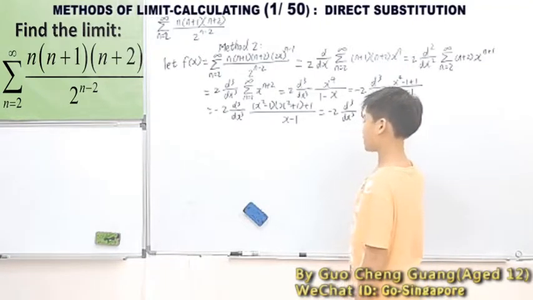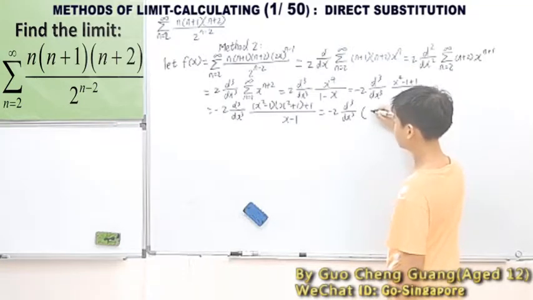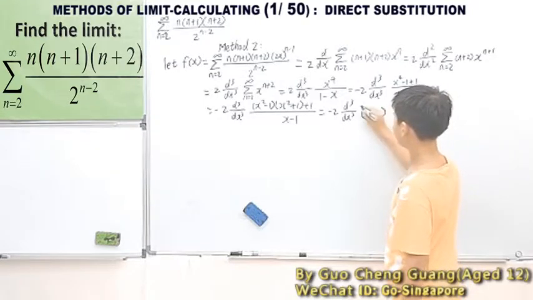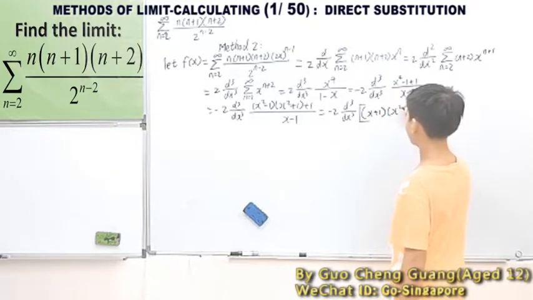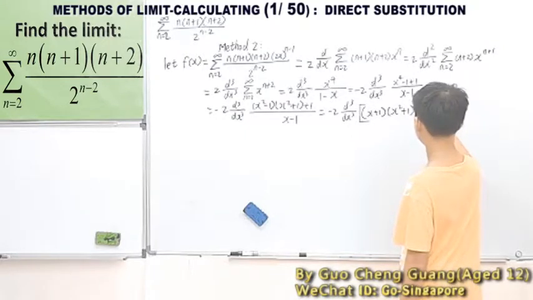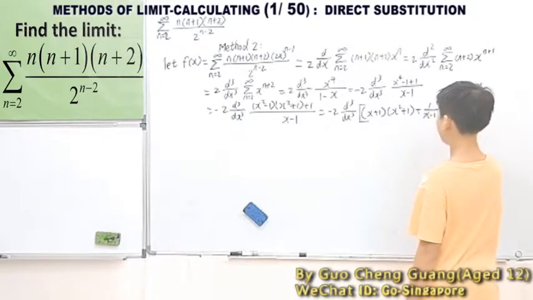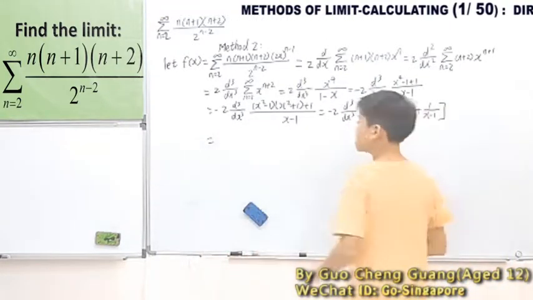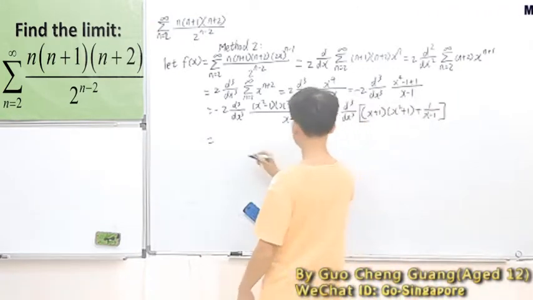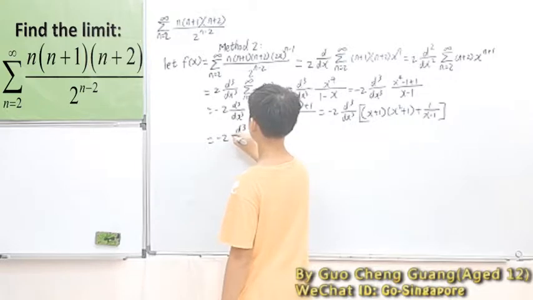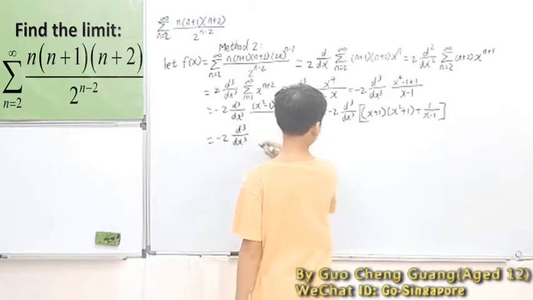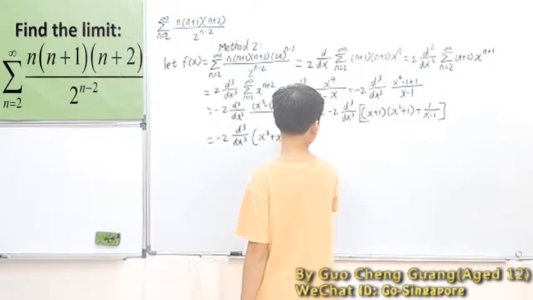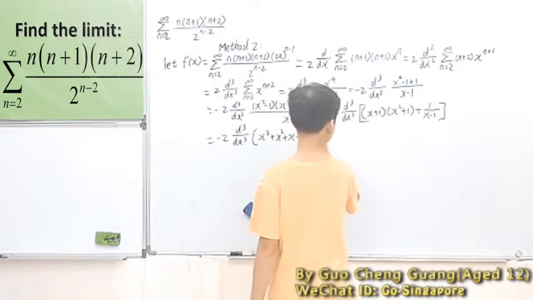So what you'll be left with is actually x plus 1. Like this. This part, we'll use our expansion. Simple.